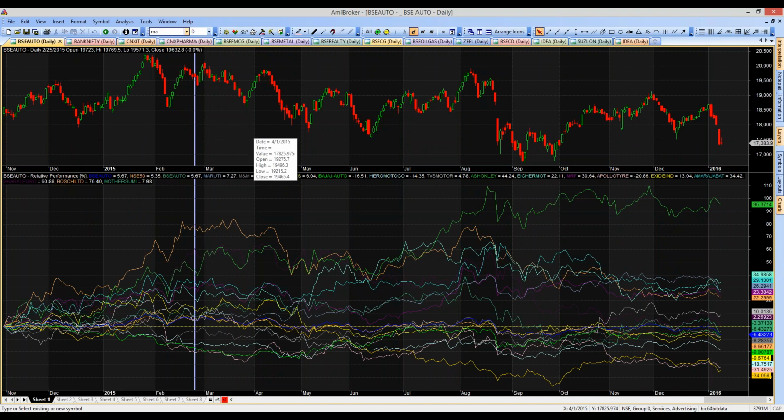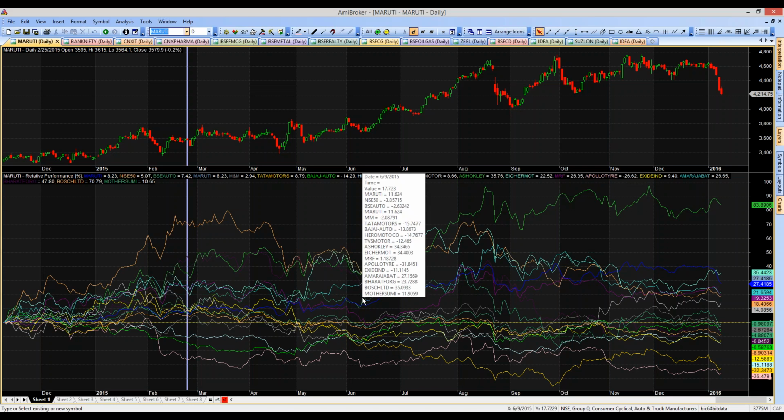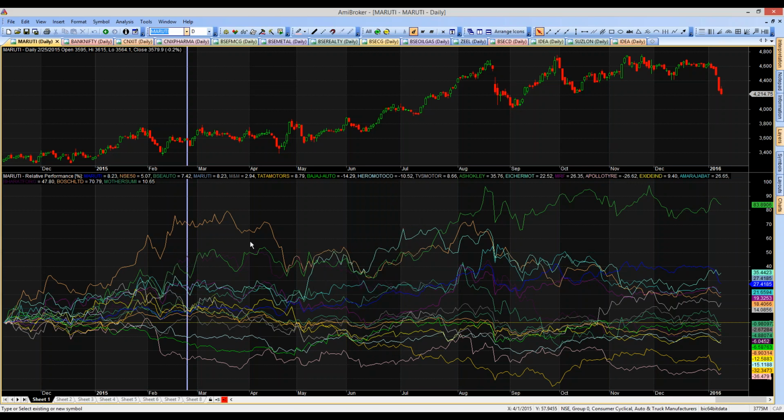So I'm just going to put, let's say, Maruti here, and you'll get Maruti, and the bottom pane actually remains the same. Line colors switch sometimes, but otherwise the bottom relative performance does not change, right? And you can compare this with some other, looking at this list, you can compare anything. You could compare something that's completely unrelated to the relative performance that you see here.